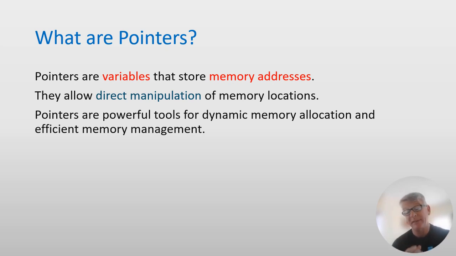It holds a specific data type, right? Well, the pointer, they just hold memory addresses. And that's awesome because now we can go directly to that memory address. It allows direct manipulation of the memory location, and that's super cool because it points to that memory address.